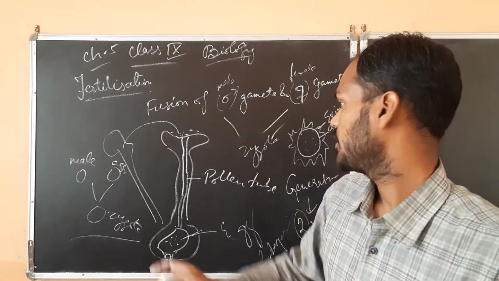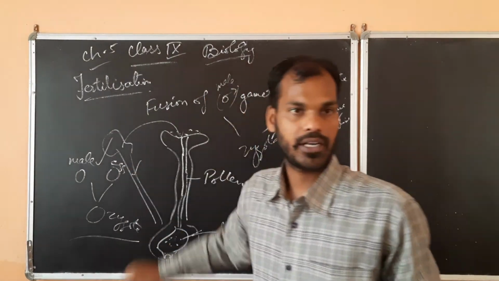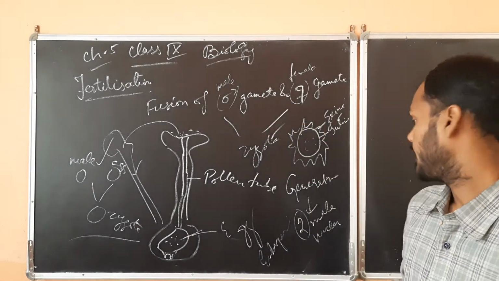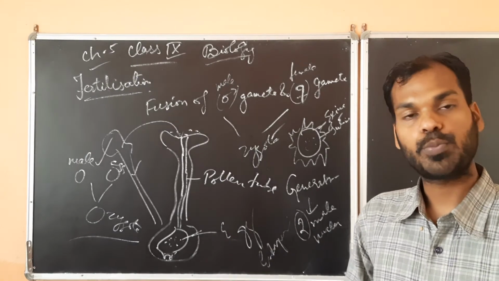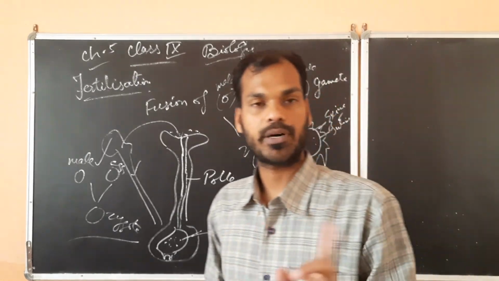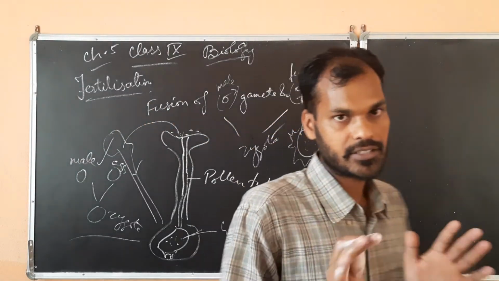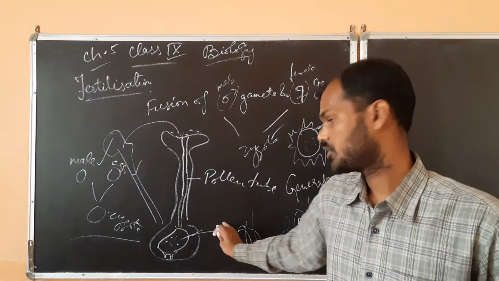Okay, double fertilization is syngamy plus triple fusion. Syngamy means one male gamete and one female gamete combine to form the zygote. And what is triple fusion? Another male gamete combines with the two polar nuclei to form a triploid endosperm cell. This is called triple fusion.